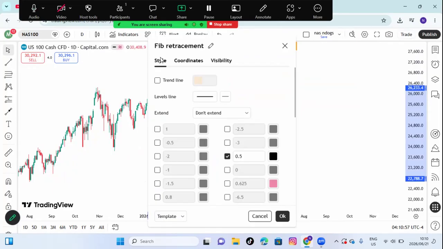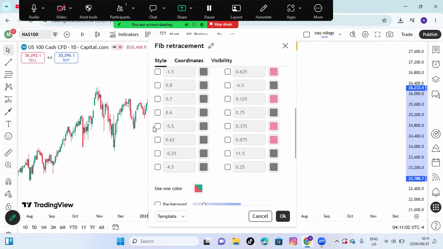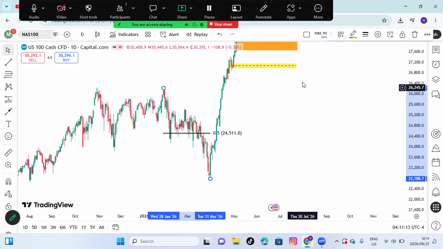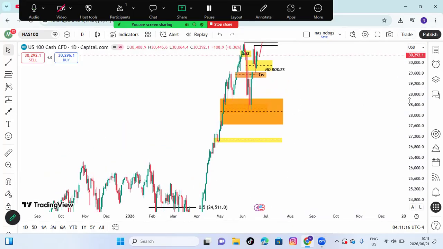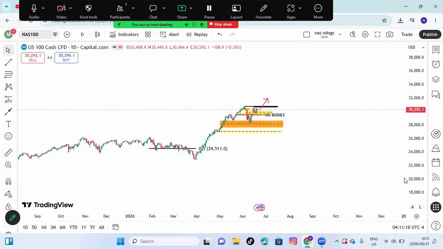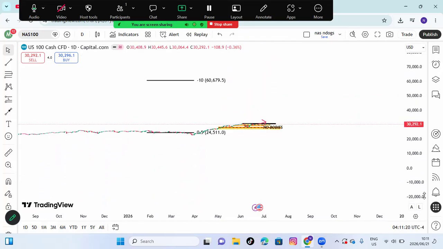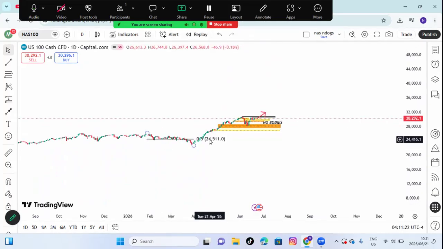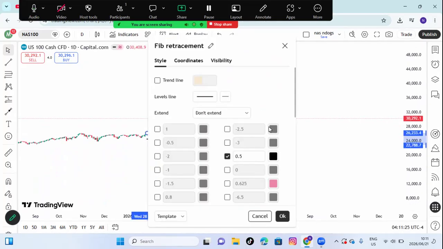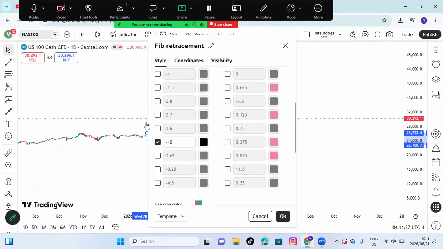So now what I'm gonna do is extend my fibs. Let's say -10 and see where that is. Where's -10? Not visible. Oh, there. Okay. Then I can see clearly from a daily perspective that that's too much.